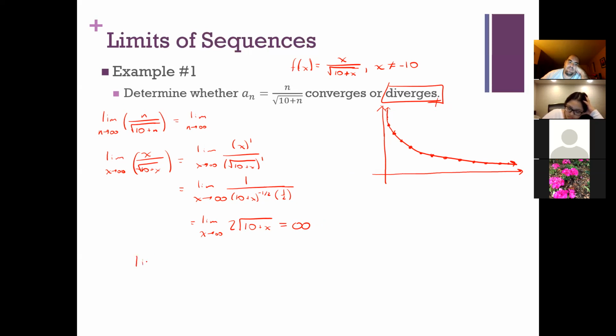This limit does not exist. So the limit as n goes to infinity of n over the square root of 10 plus n does not exist.